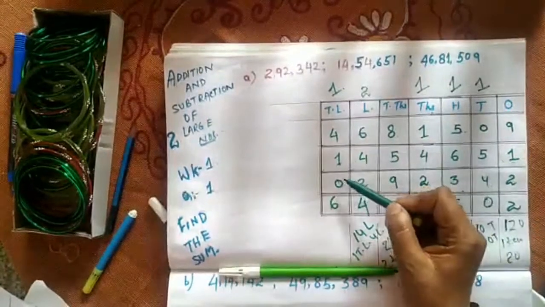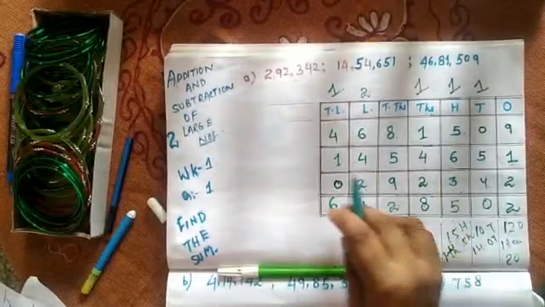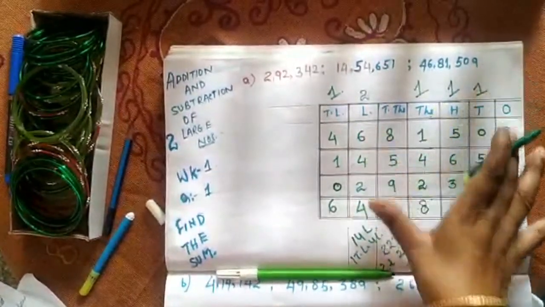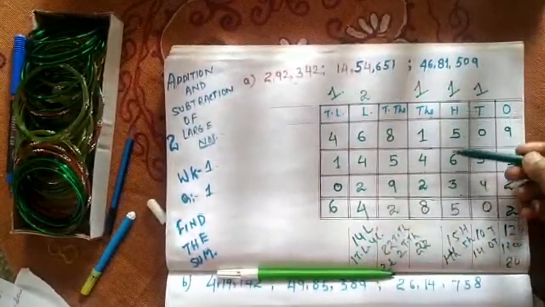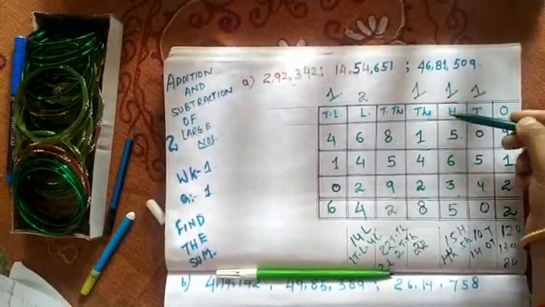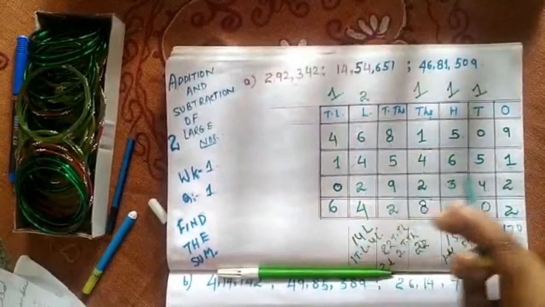Here in the 10 lakh place 0 is inserted, in order to fill the places perfectly. So in this way these 3 addends are arranged in the columns. How many columns are here? 1, 2, 3, 4, 5, 6, 7 columns are here for the 7-digit numbers.